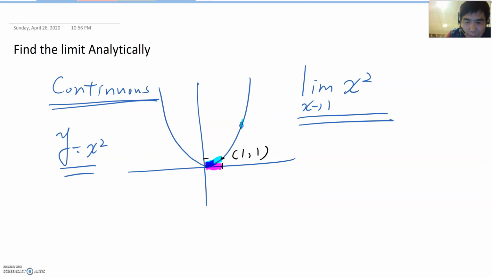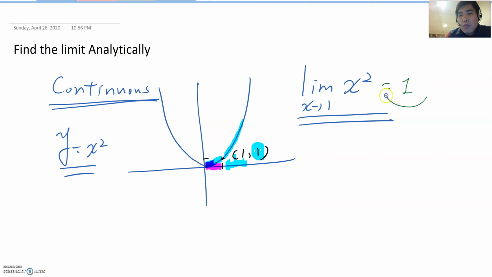And from the right side, when it moves toward 1, it goes to this same point. As a result, we find this value is the limit value. So I'm going to say this is 1.